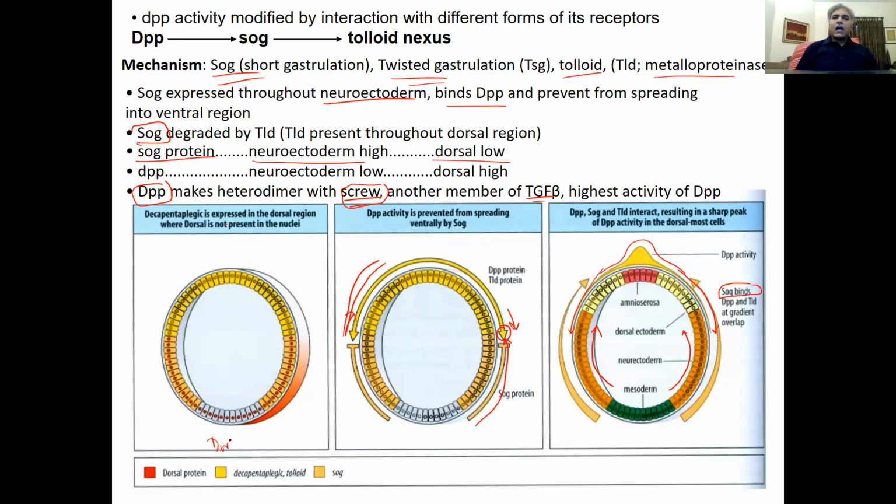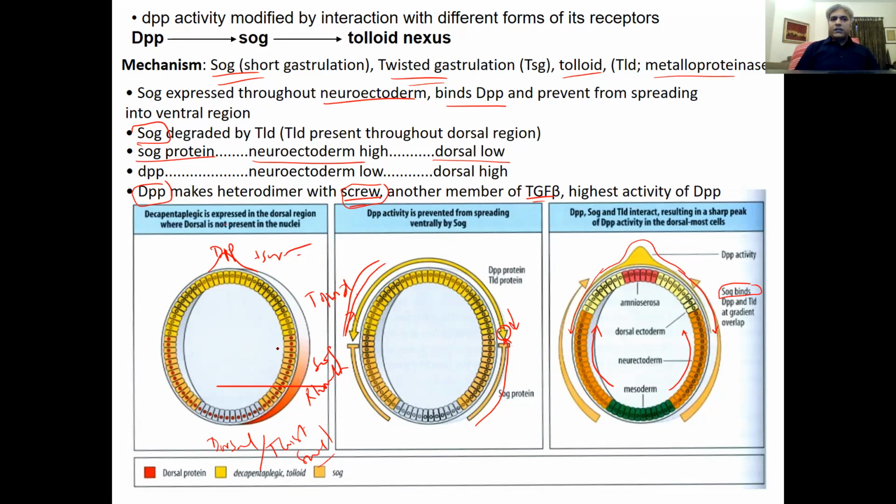You have high dorsal, you have twist and snail, which are themselves transcription factors, you have rhomboid, you have SOG here, you have tolloid here, and then a very high concentration of DPP plus SCREW is established there.